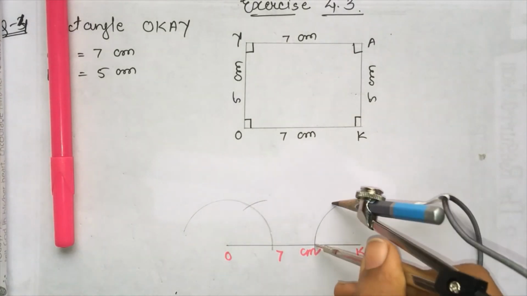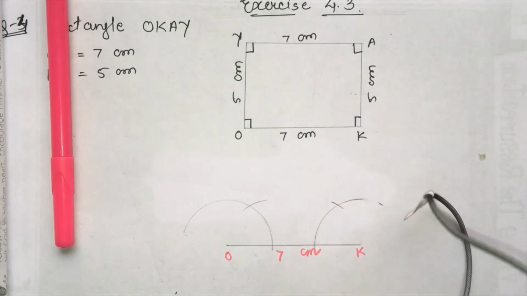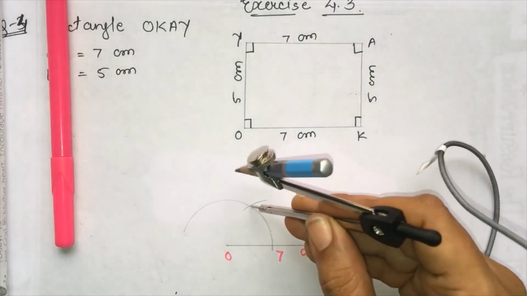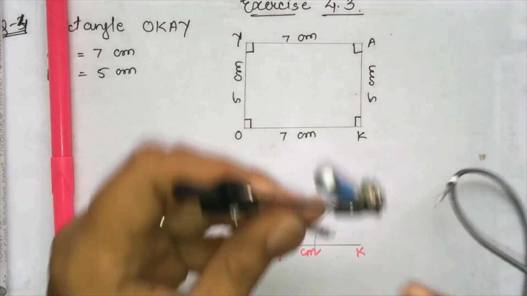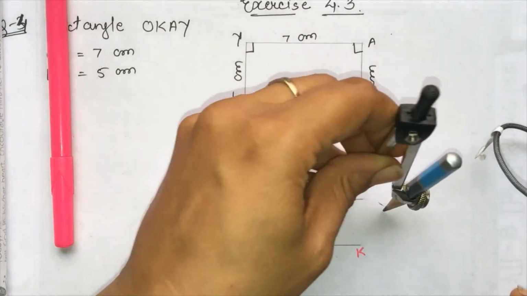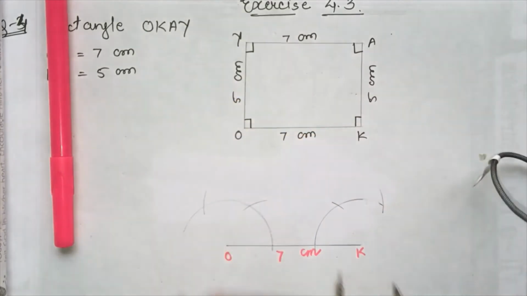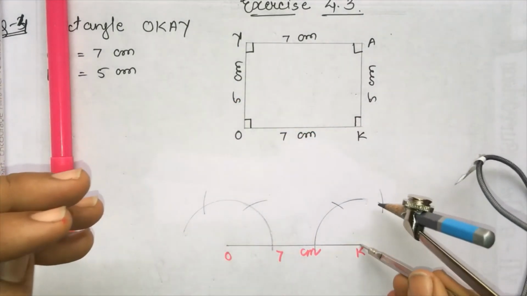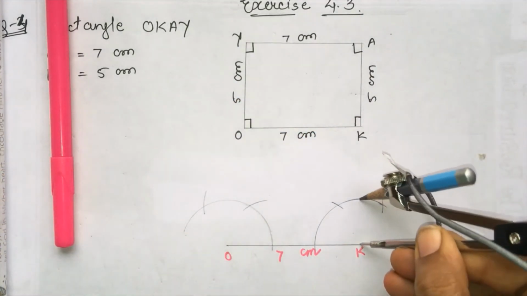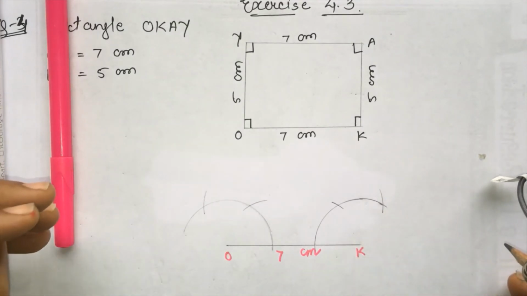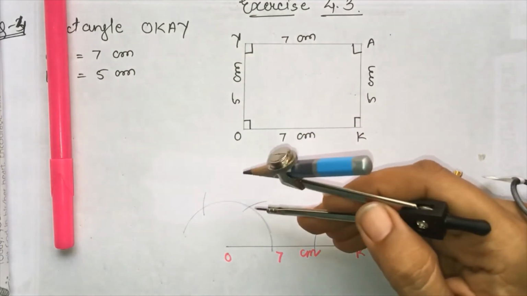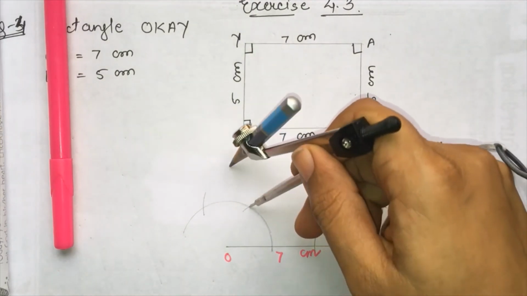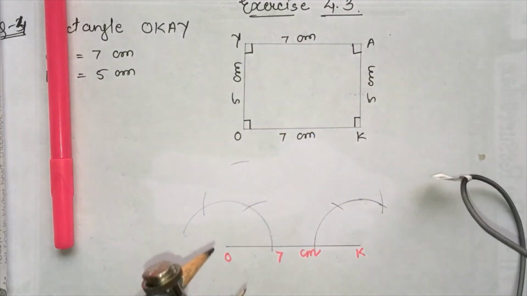Again one more arc on both sides, again one more arc on both sides. See, here it is not intersecting, so what I will do is, again from K I will extend my arc. Okay, is it clear?